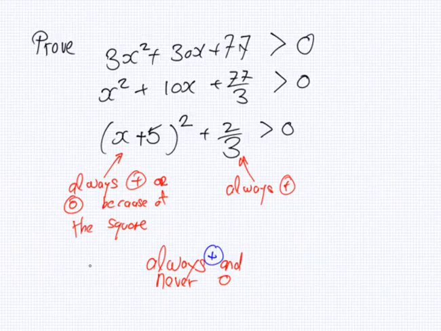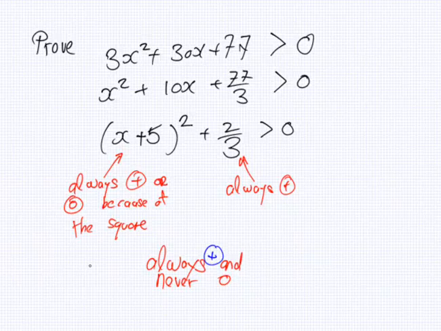So how do you think we can do this? Well, it's the name of the lesson: complete the square. The first thing you could do is divide everything by 3 to get rid of this. So you would have x squared plus 10x plus 77 over 3.